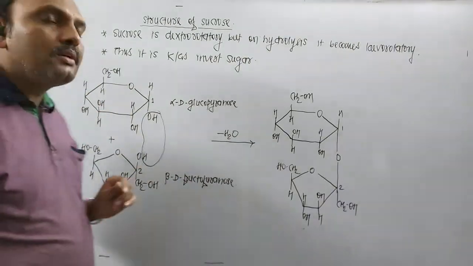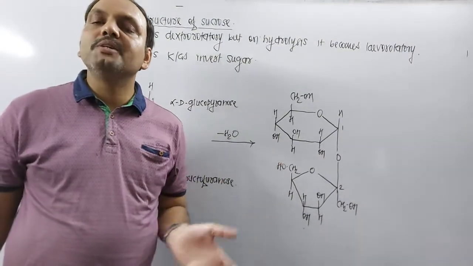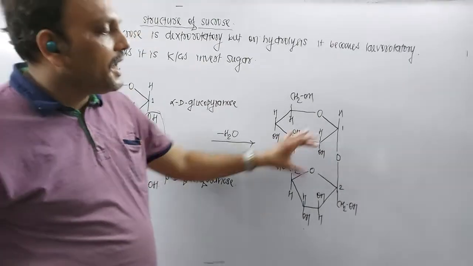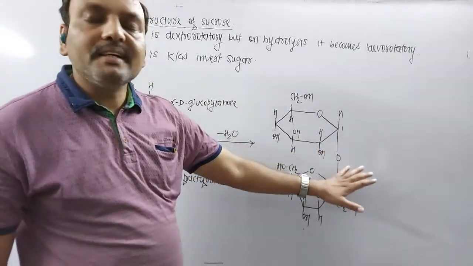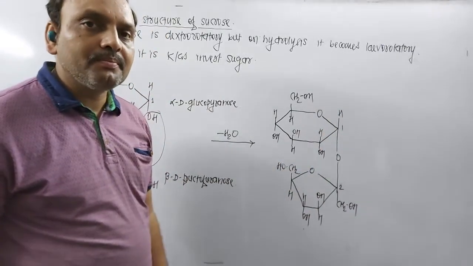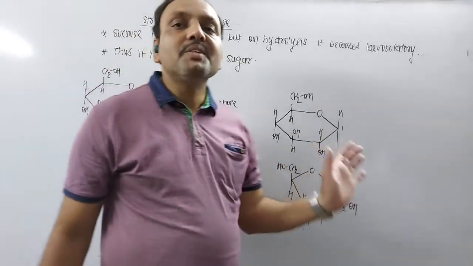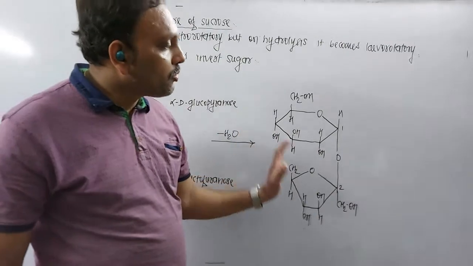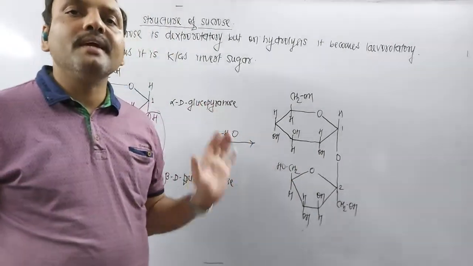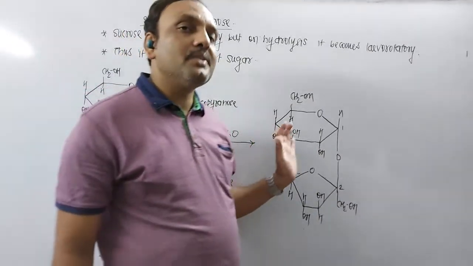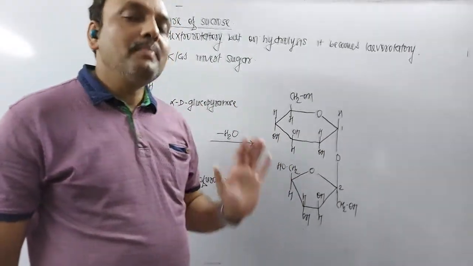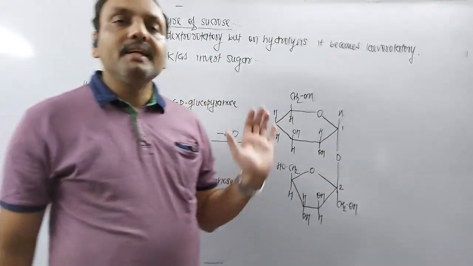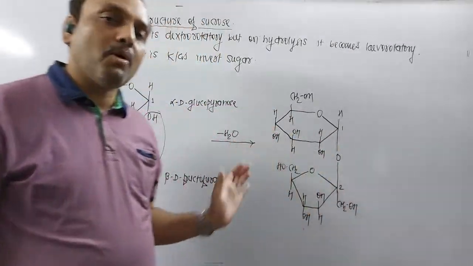Both of the groups which can show the reducing properties are connected by means of what? Acetal linkage or glycosidic linkage. It clearly means that in case of sucrose, there is no free reducing group. Thus, sucrose is a non-reducing sugar. I mean, it is a disaccharide which does not show reducing properties.